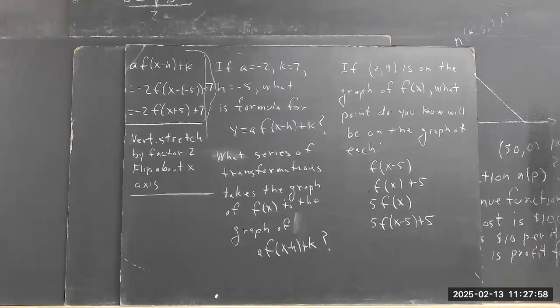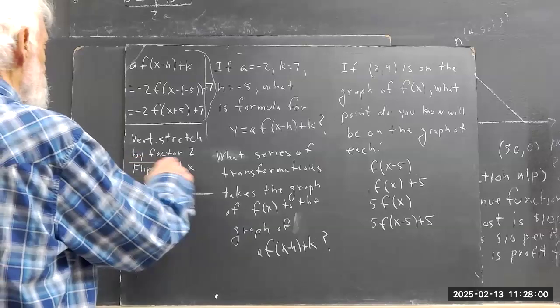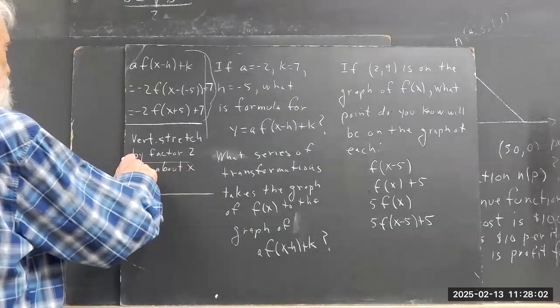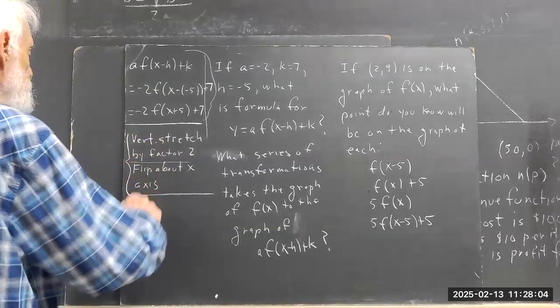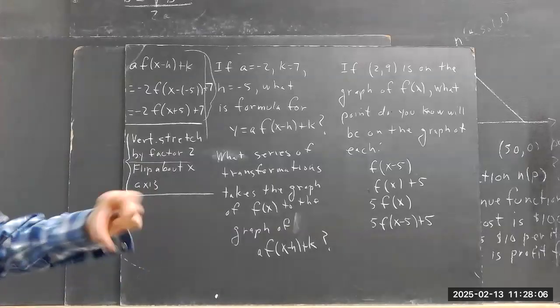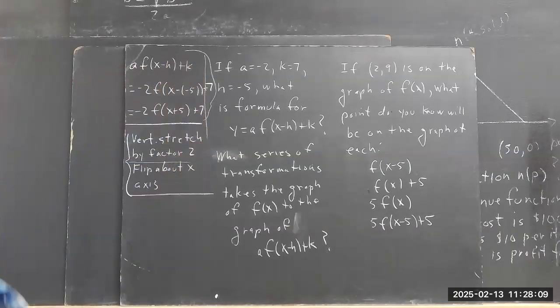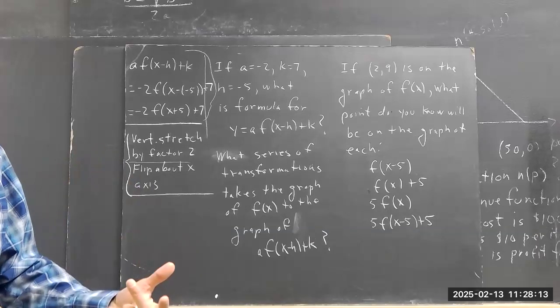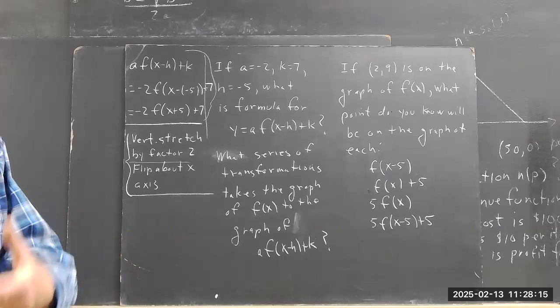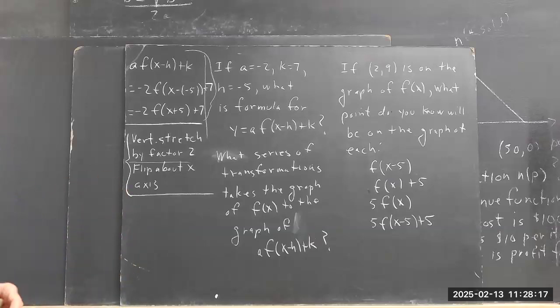Okay. Now you can do these in either order. So I just kind of group these as the first thing you do. If you want to flip it first, then stretch it, that's fine. Both of those are multiplications. We do multiplications before we do additions.